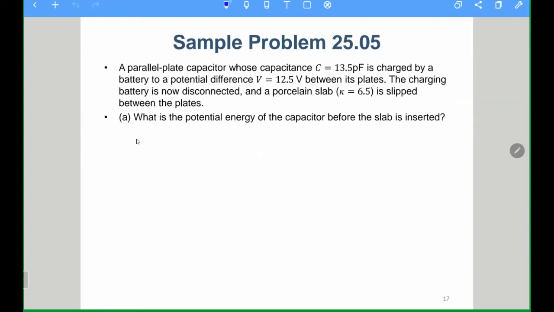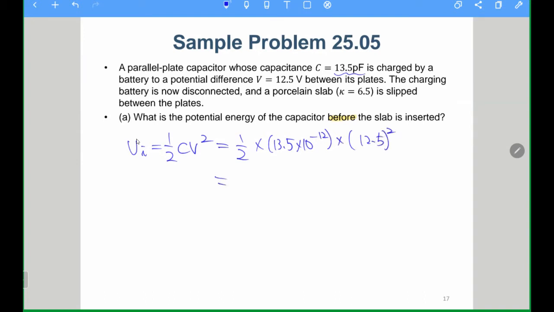Before is just simple, which is nothing but U equals 1/2 CV squared. C is the original C because it mentioned it is before the slab is inserted. So we have all the numbers. We have 1/2 times 13.5 pico, which is 10 to the negative 12, times V, 12.5 squared.